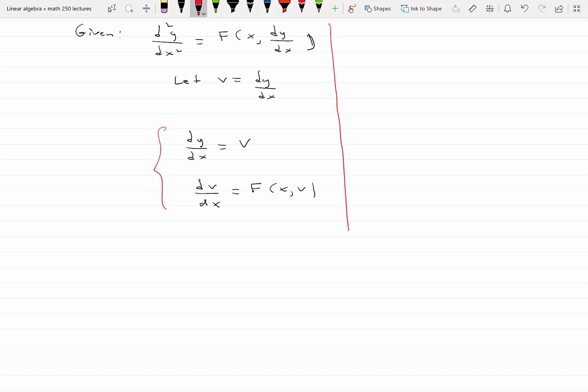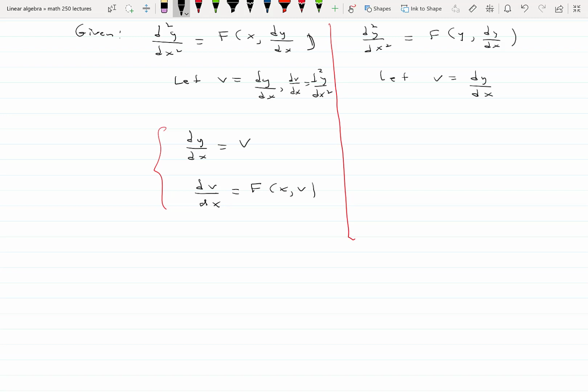On the other hand, if we're given d squared y over dx squared as a function of y and dy dx, then do the same thing. Let v equal dy dx, just like we did before. And before, if you take the derivative of both sides, you get dv dx equals d squared y over dx squared.